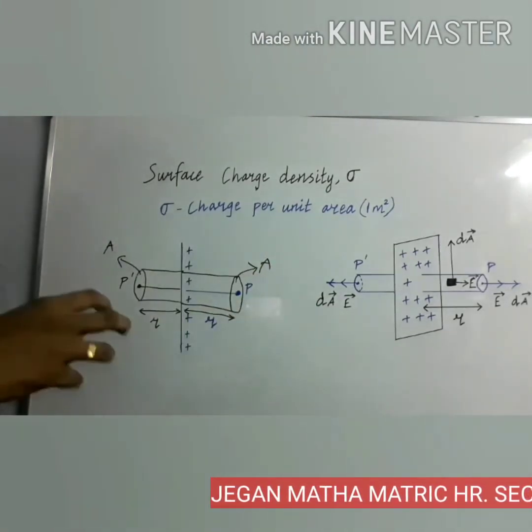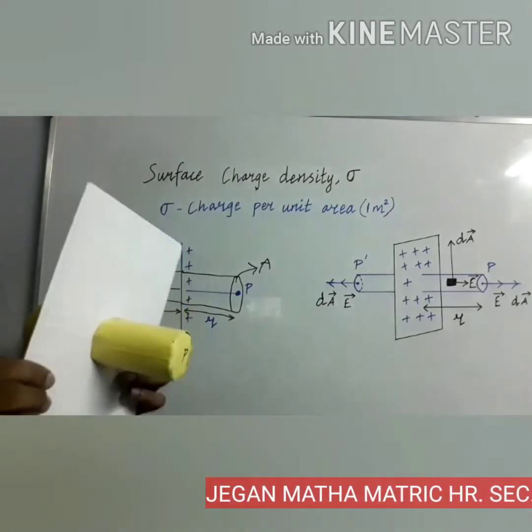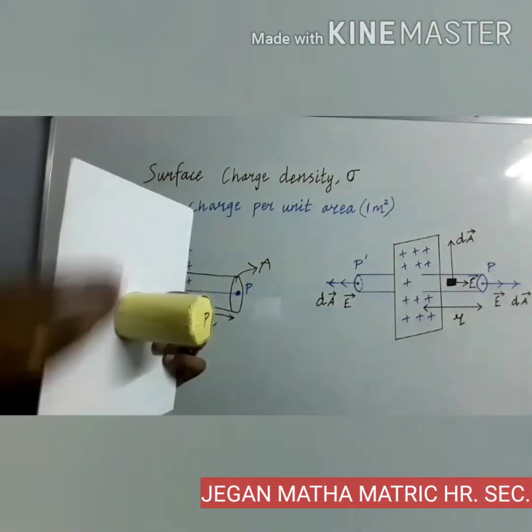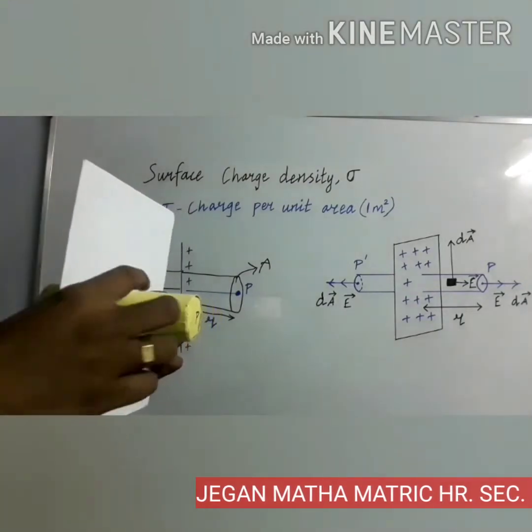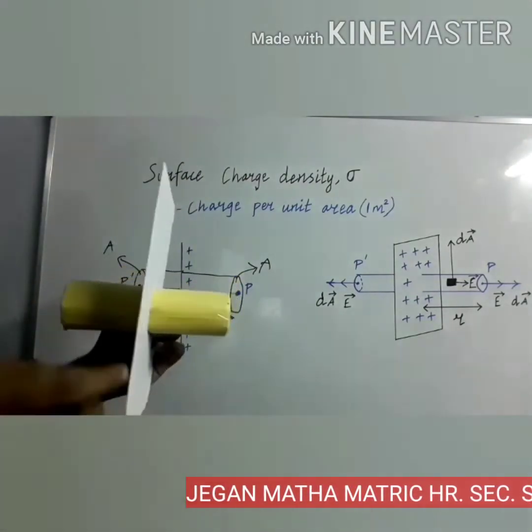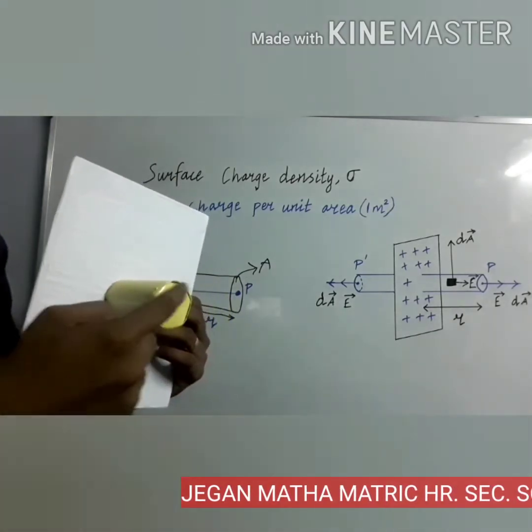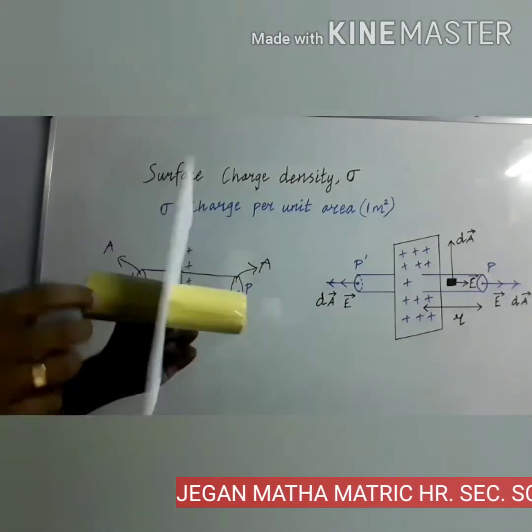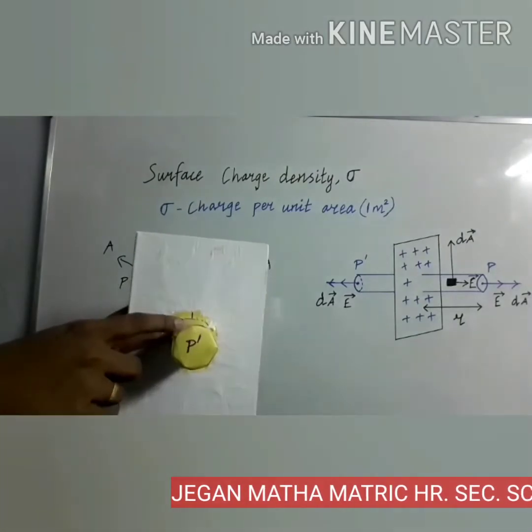To understand this arrangement more clearly, let us observe this model. Already we have taken the positively charged plane sheet, and the cylindrical Gaussian surface is included now. Here on one surface we have the point P, and on the other surface we have the point P dash.